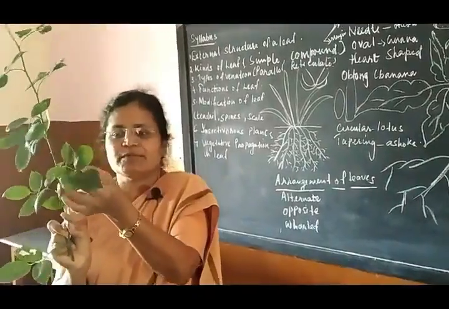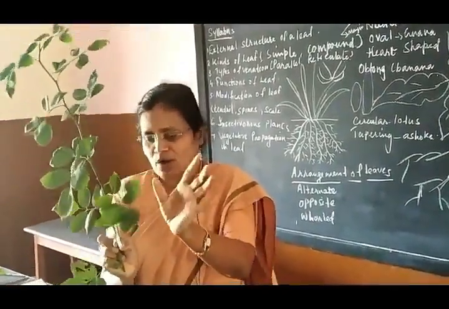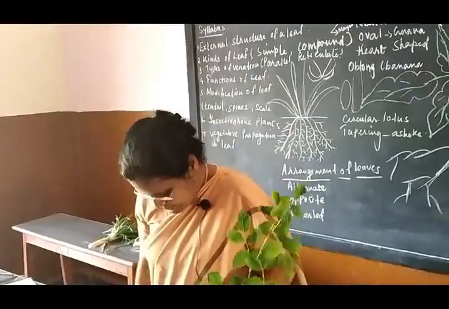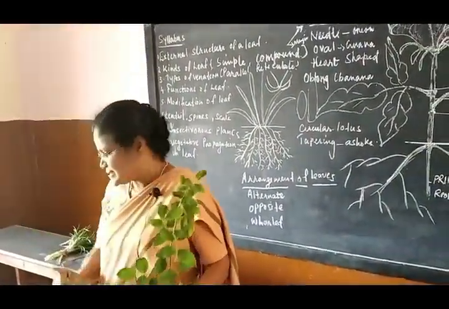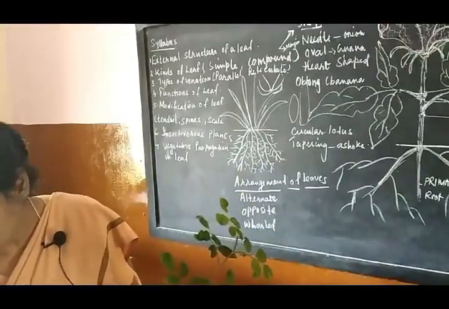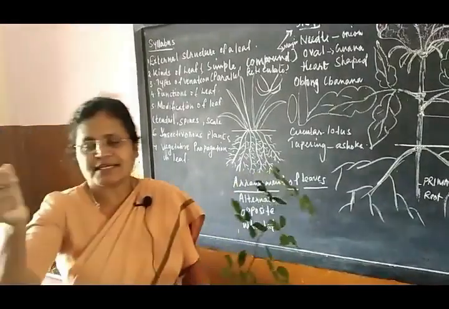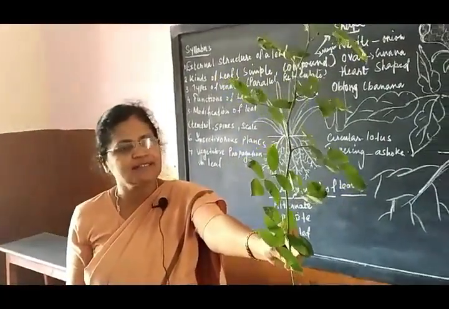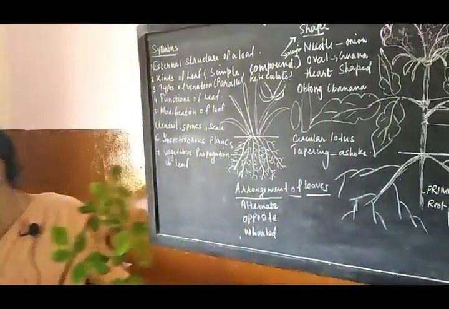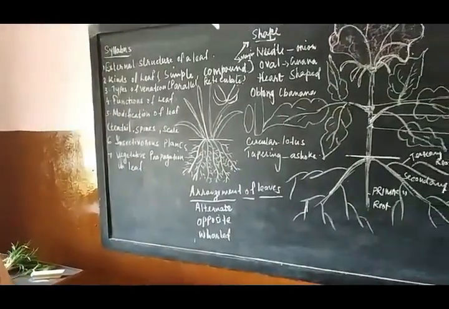This is a single petiole, but you have a group of leaves. It's called compound. Whereas in your peepal tree, one single leaf arises from a petiole. That is your simple leaf. A group of leaves arising from the petiole is your compound leaf, which is also called leaflets.